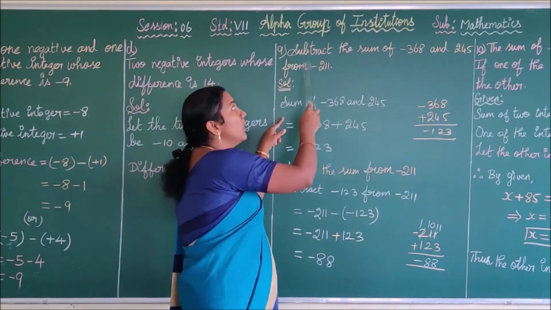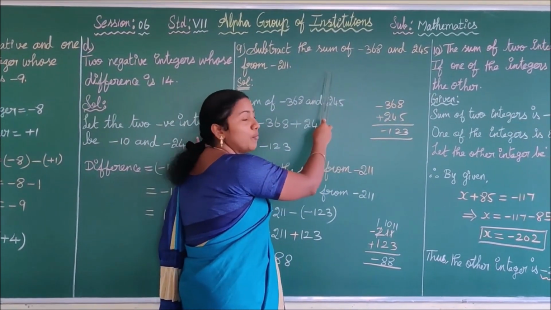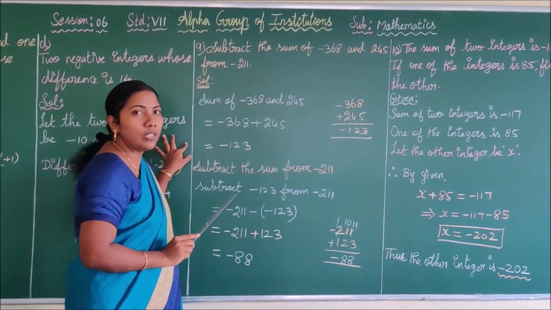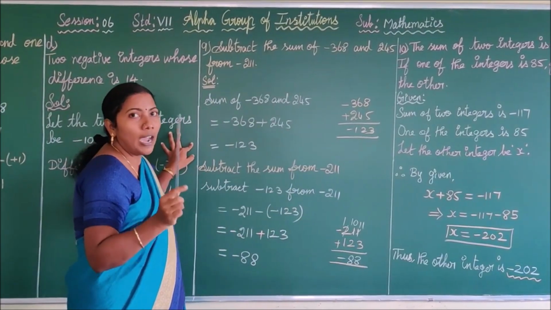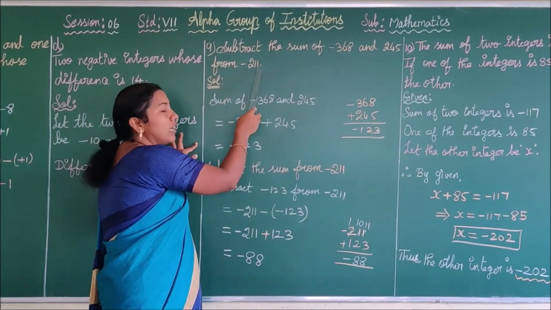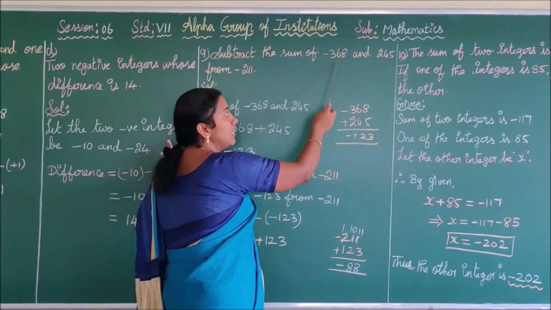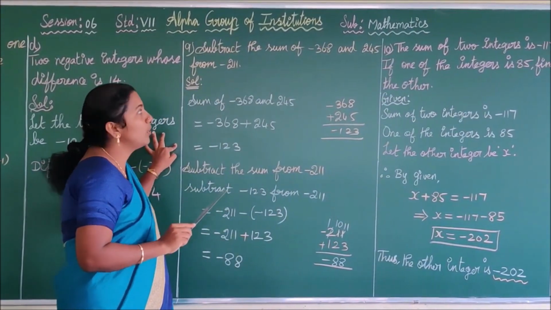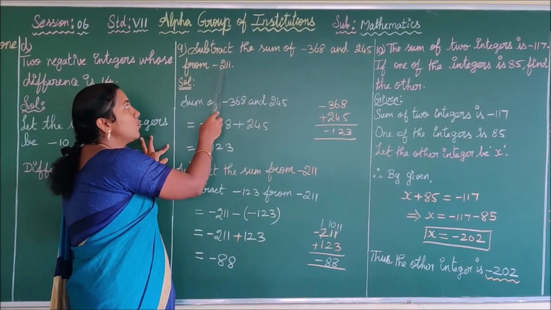What they are giving is, you have to subtract the sum, which means first you have to add these two integers, you get one sum, and then you have to subtract that sum from minus 211. First you have to add minus 368 and 245, you get one sum. After you get that sum, you have to subtract that sum from minus 211.